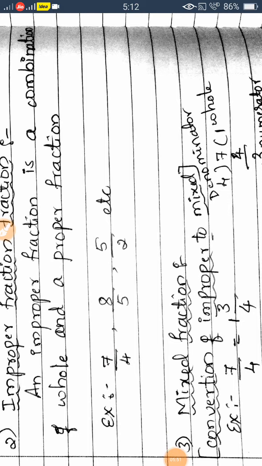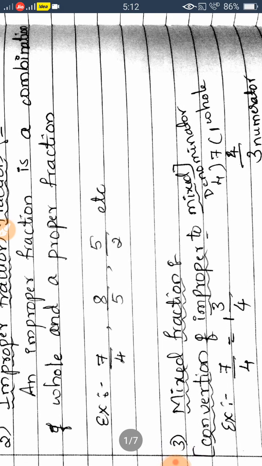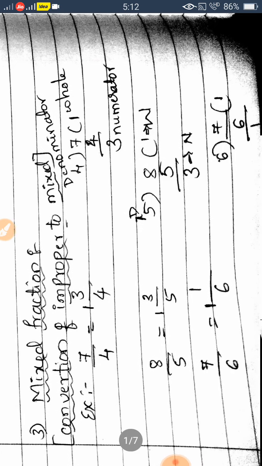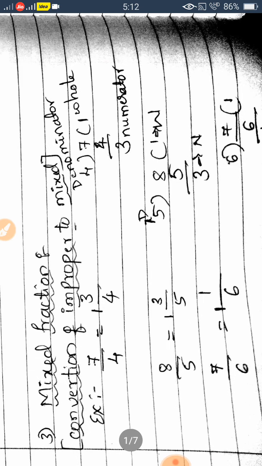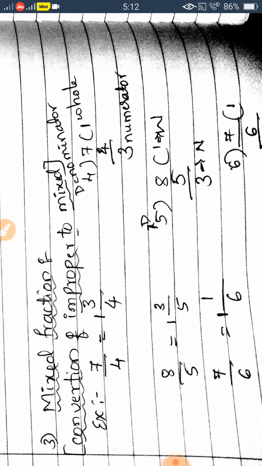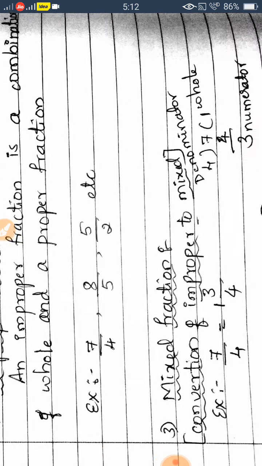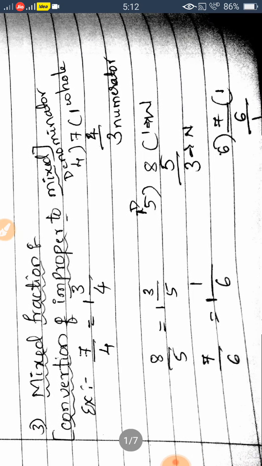So let's go for the third type of fraction, the mixed fraction. It is very important because there is a conversion between improper and mixed. Just now I have written, it is a combination of whole and proper fraction. See, an improper fraction is a whole and a proper fraction combined together, but here we separate it as a whole and a proper fraction.